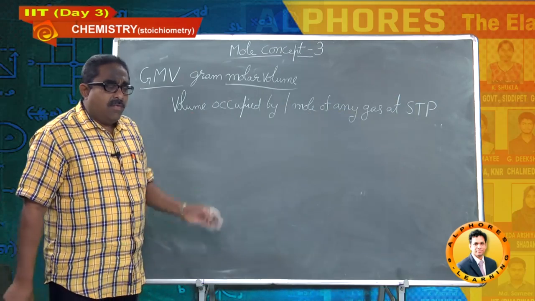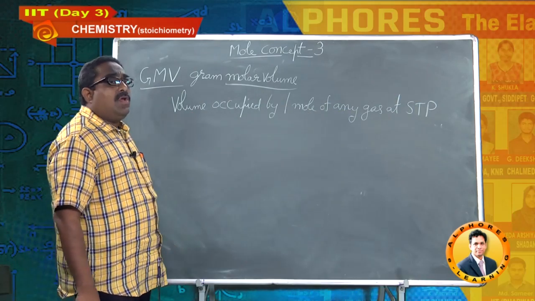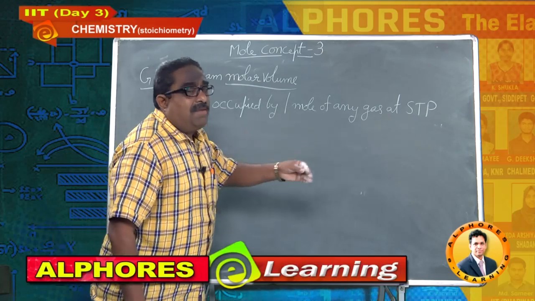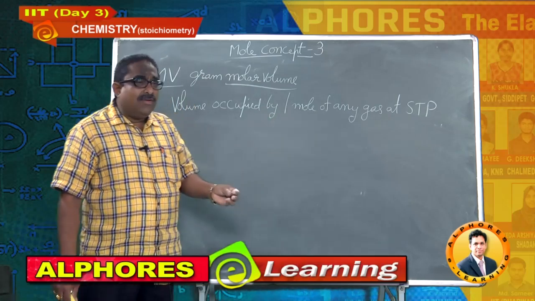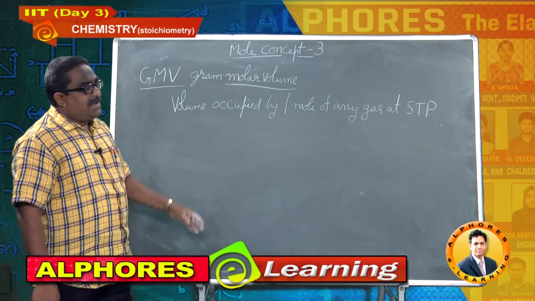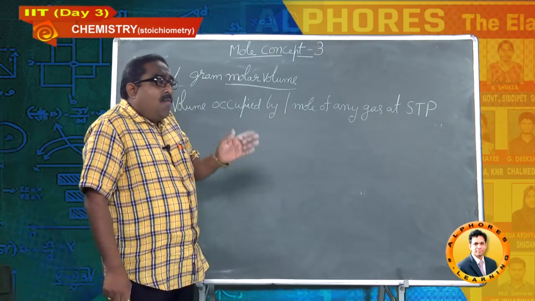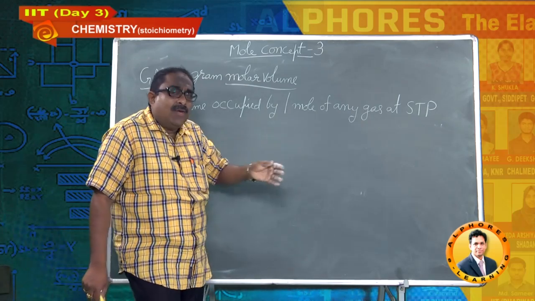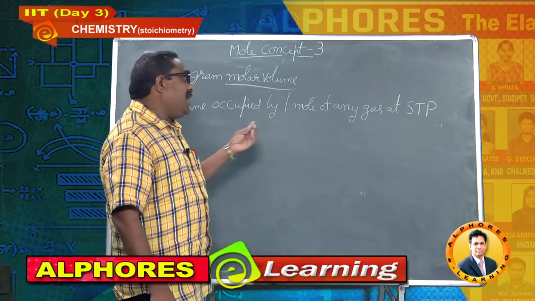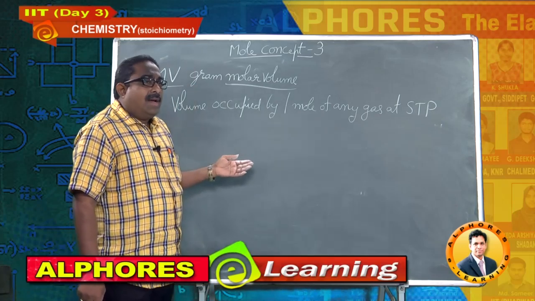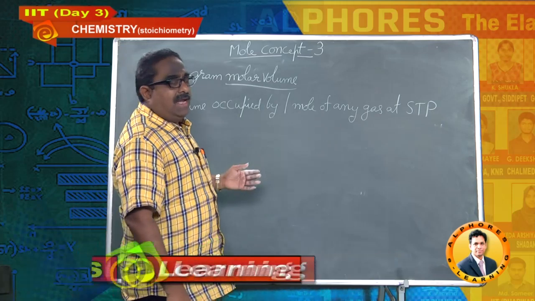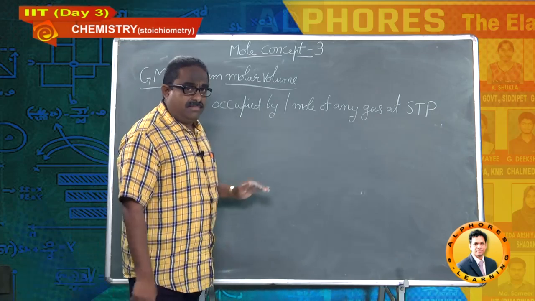You can write 1 mole of any gas means 6 into 10 power 23 molecules of any gas. We can also write that 1 gram molecule of a gas, or you can also write 1 GMW of any gas. All are the same.